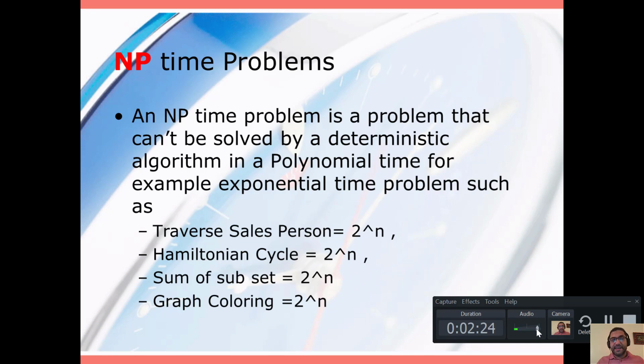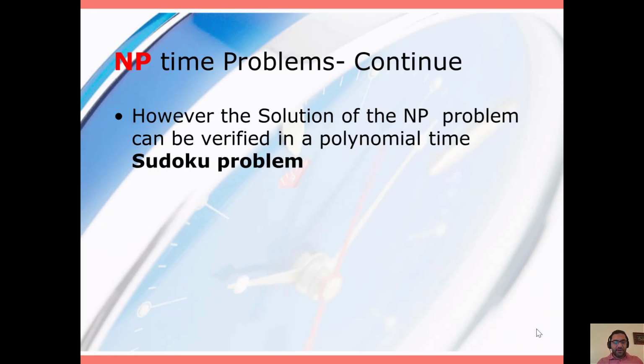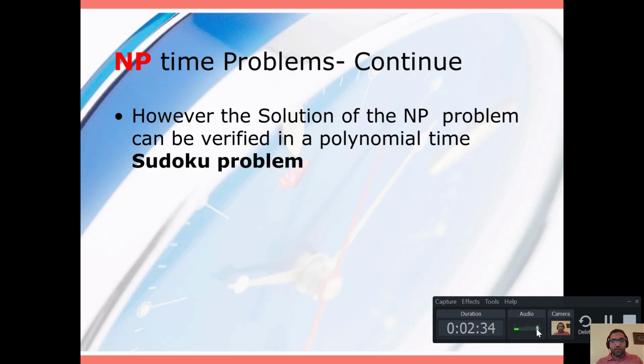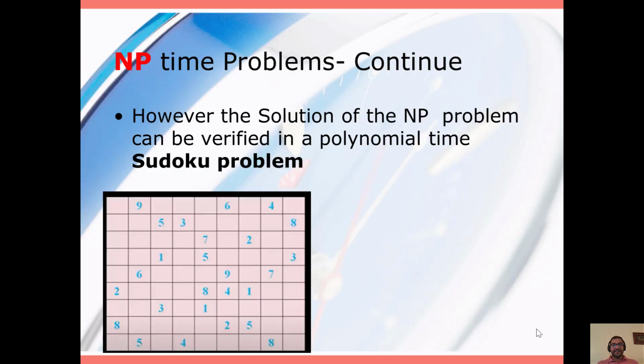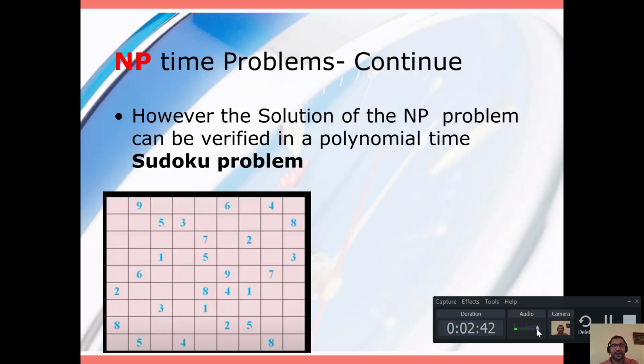However, I can verify the solution in polynomial time. What does this mean? If, for example, I'm talking about the Sudoku problem, this is the Sudoku, and I need to solve it. This kind of game takes me exponential time to solve.